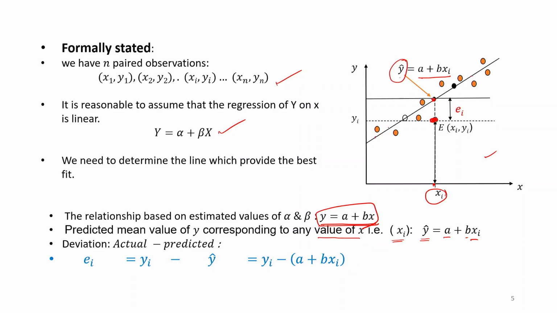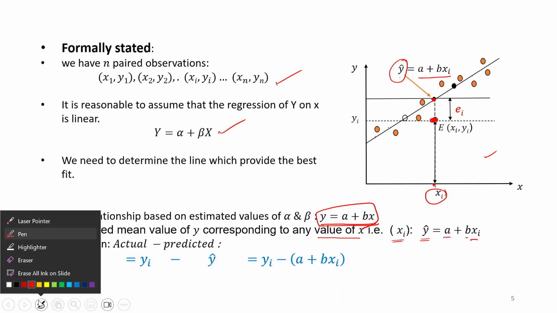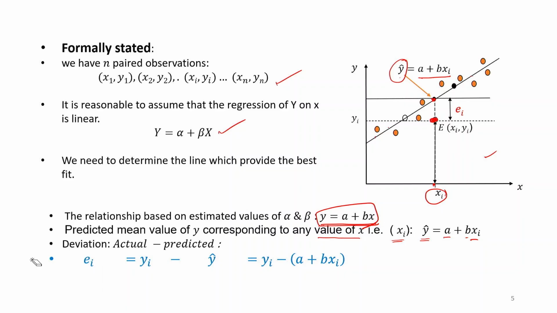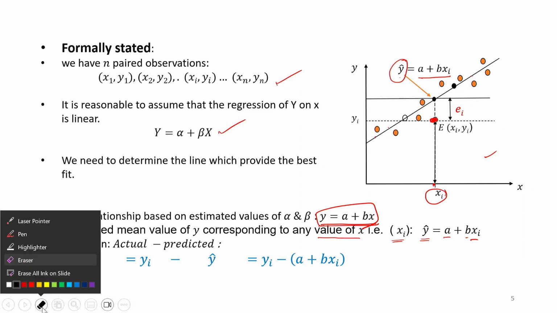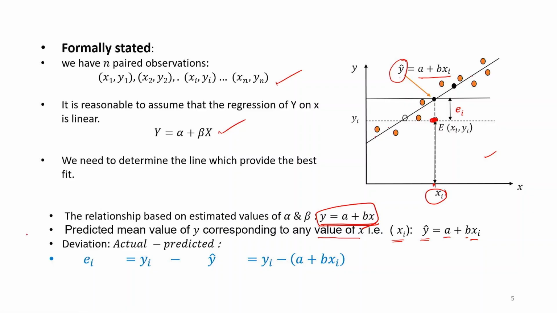That is my estimated value. Now, there is a difference between the estimated value and the actual value. So the actual value is here, and that is the estimated, and the difference between these two is shown by ei.